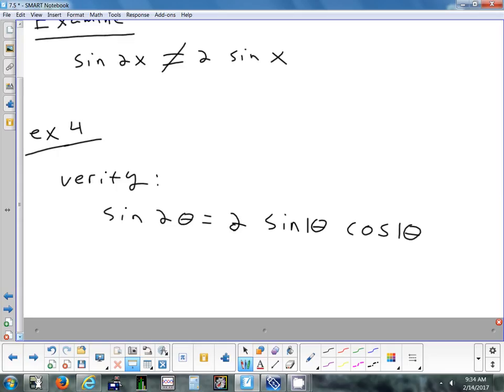So can anybody think of a different way that I can write what's on the left, using something we've learned? I don't want to write it as 2 theta. I want to write it using one of the first 4 formulas that we learned. Think about 2 theta. How would you get 2 theta as an answer to a problem?